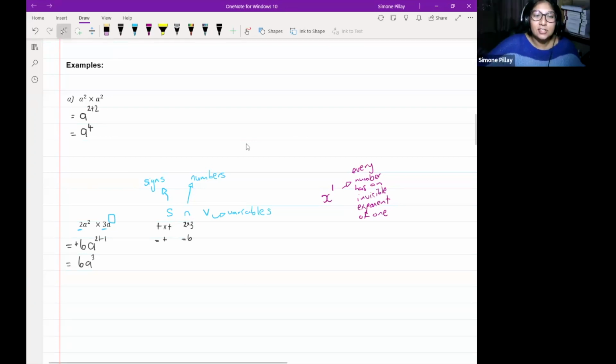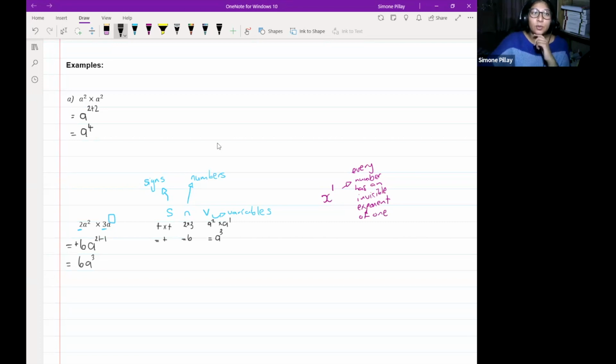Thanks, Mateo, for answering. As we see, we dealt with our variables, which were a squared multiplied by a. Remember, a had the invisible exponent of 1, and so when we multiplied that, we got a cubed.